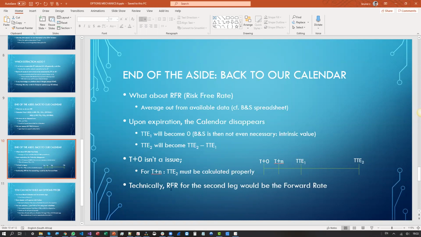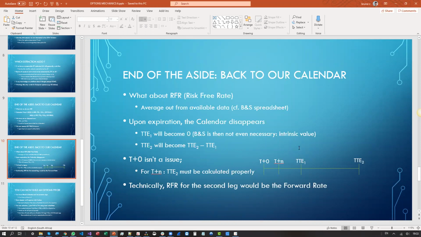Another thing you should technically do in your pricing is that at T plus N, you must not use the risk-free rate now for option 1 and option 2. If you assume some time in the future, at T plus N, you're supposed to calculate the forward rate, the rate that it will be on that day for that expiration.